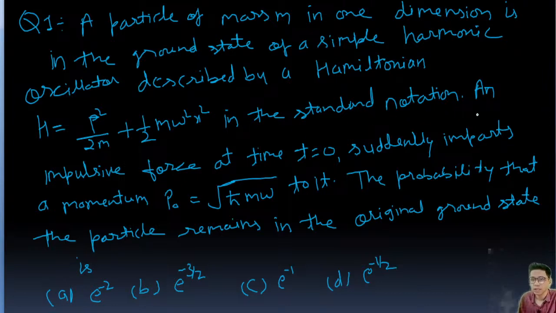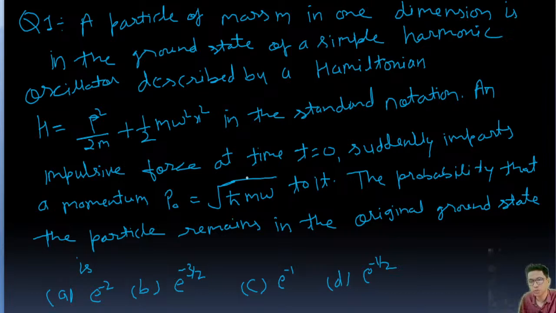Okay, an impulsive force at time t equal to 0 suddenly imparts the momentum p naught equal to root h cut m omega to it. So the impulsive force gives momentum.